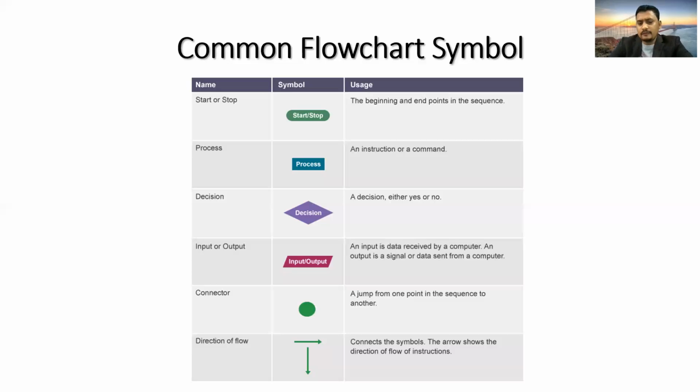And for the direction of flow, the arrow symbol is used when we show the direction or flow of the program, which section in the subprogram or program it is going to. This is called direction of flow.